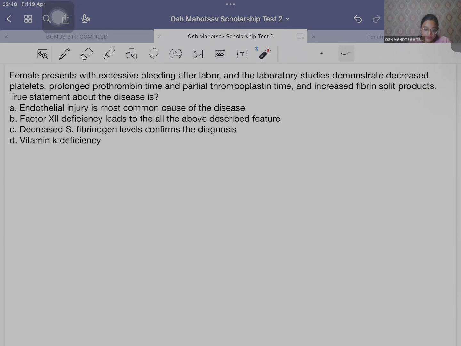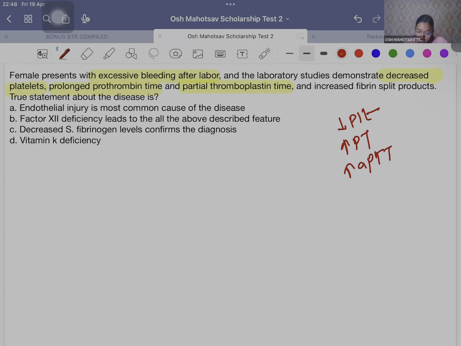Then, a female presents with excessive bleeding after labor. Laboratory studies demonstrate decreased platelets, prolonged prothrombin time, prolonged partial thromboplastin time, and increased fibrin degradation products.